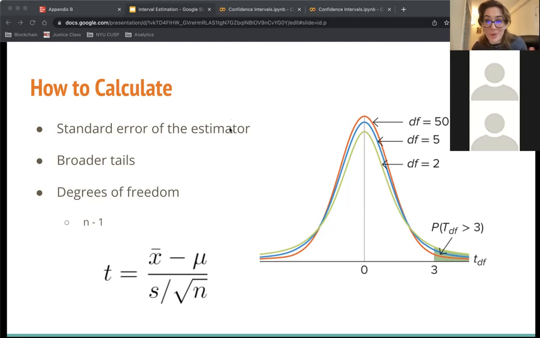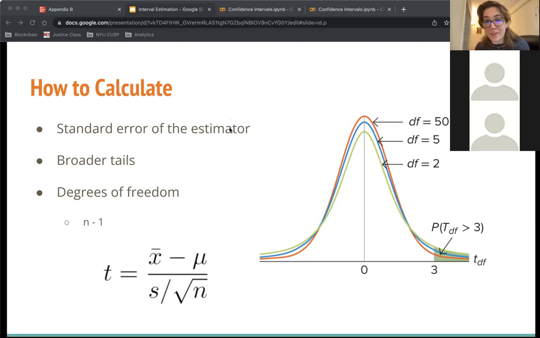So this is a new item to introduce, this degrees of freedom, which in nomenclature is sometimes just labeled DF. And this degree of freedom accounts for the extent of the broadness in the tails of the distribution. And this specifically accounts for the small sample size and the variance inherent to that whole process.